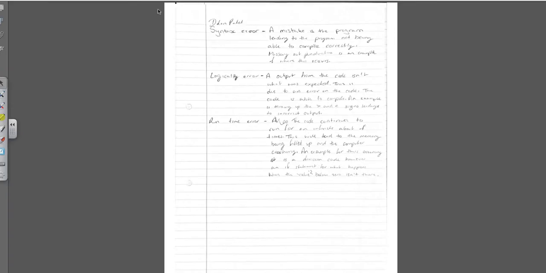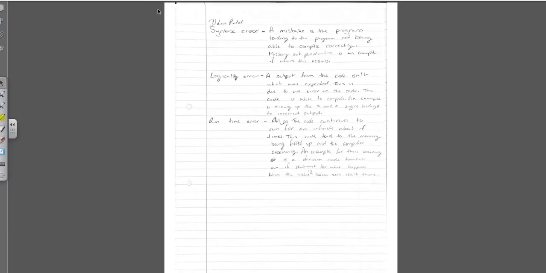Dylan: syntax error. A mistake in the program leading to the program not being able to compile correctly. Missing out punctuation is an example of where this occurs. You've said what happens, you haven't said why, so that's 2 out of 3. Logical error.